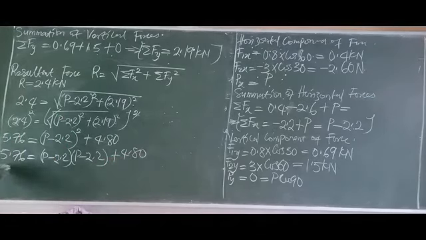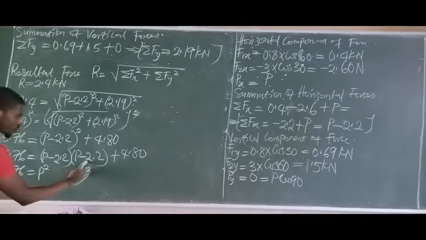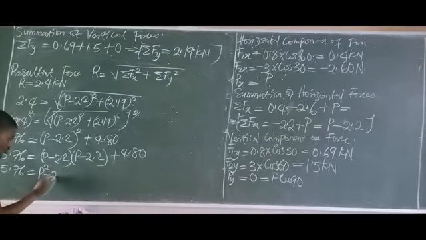So 5.76 is now equal to, let's expand now, p multiplied by p gives us p all squared, okay, p multiplied by minus 2.2 gives us minus 2.2p.